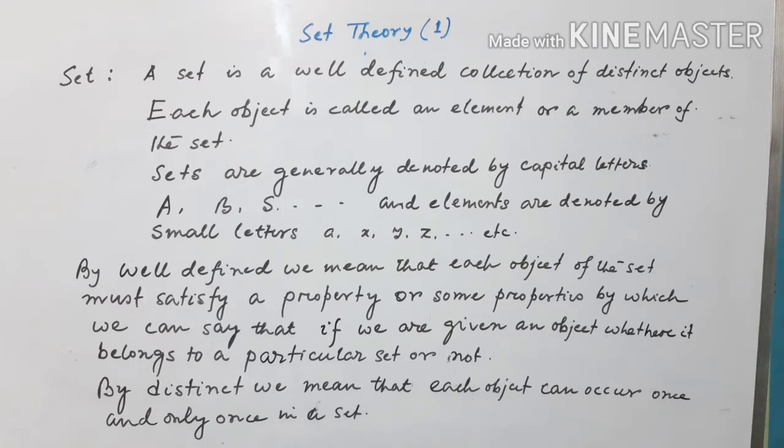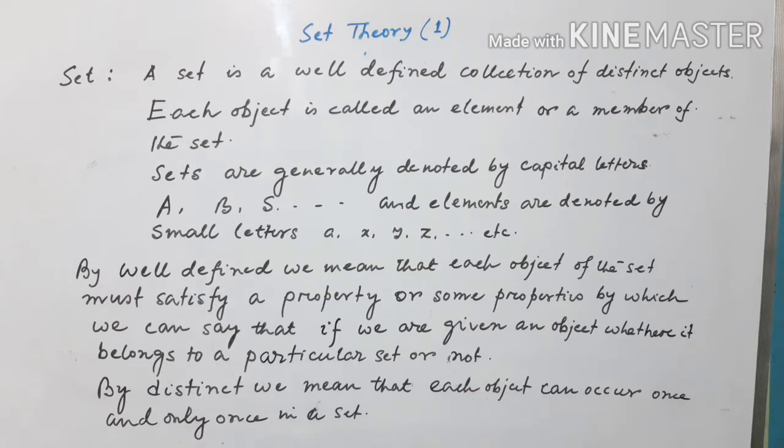But if we say the set of one day players of India, there is a particular definition, those players who have played one day for the Indian national cricket team. So it's a set. Clear? So well defined means it should be a property which is very much clear to everyone and there is no scope of ambiguity. Clear?